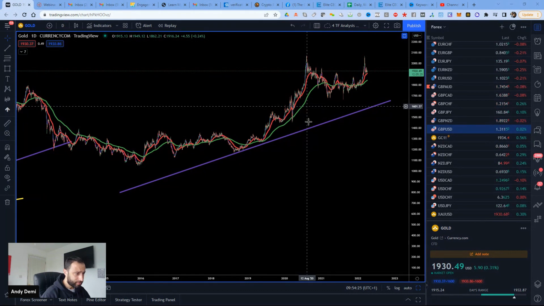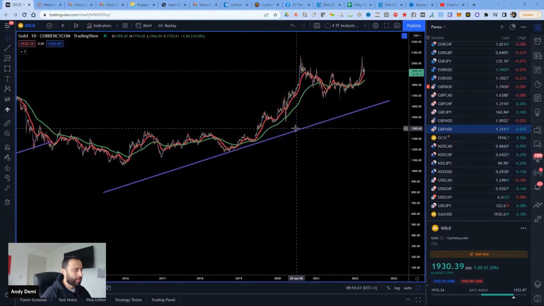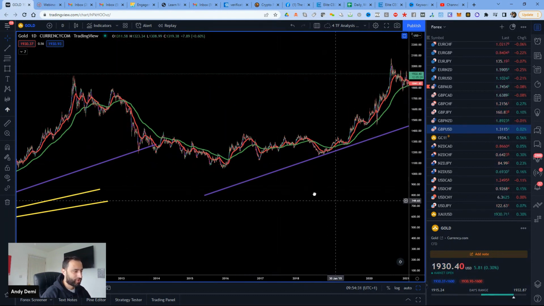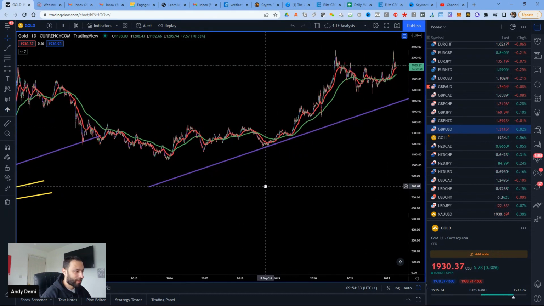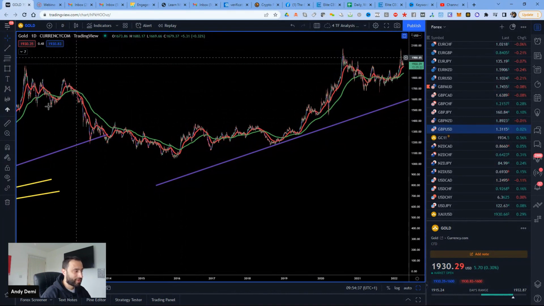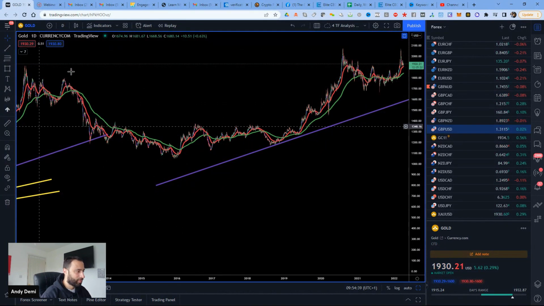At the moment, one of the things that I can see that could lead to a deeper retracement is that there's certainly some similarity with the price action over here. You can see that ultimately we did this huge move up.